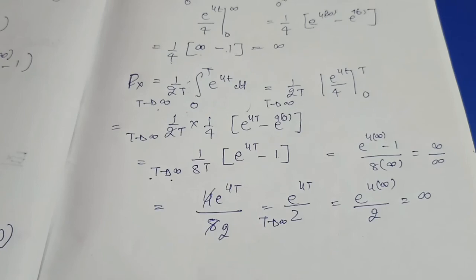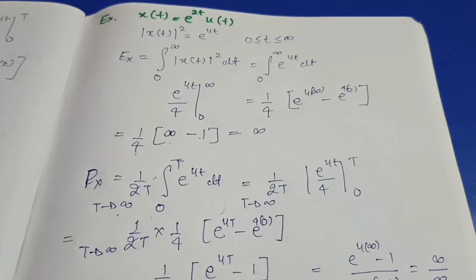So this type of signal, in which both the energy and the power of the signal are infinite, comes under the category of neither energy nor power signals, right? So let's discuss what type of signals are energy signals, what type of signals are power signals, and what type of signals are neither energy nor power signals.